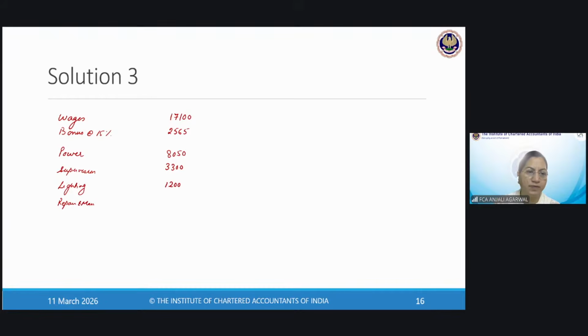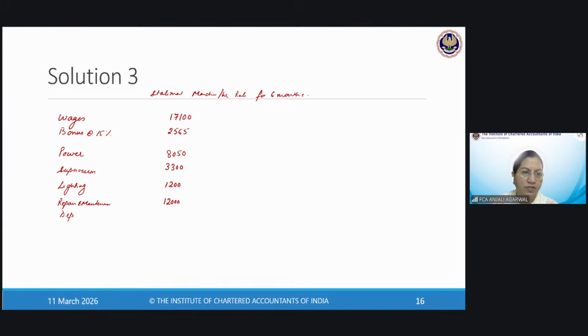But remember, this information is given for the year. So we are preparing a statement for machine hour rate for a period of 6 months. So 3% of 8 lakh is 24,000 per annum. So here it will be 12,000.